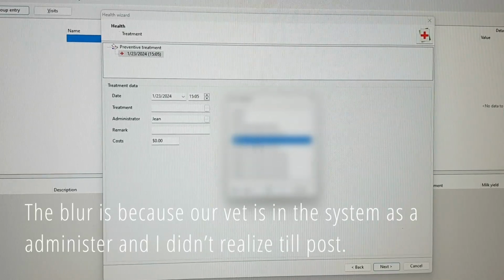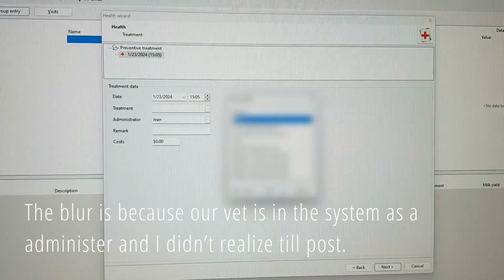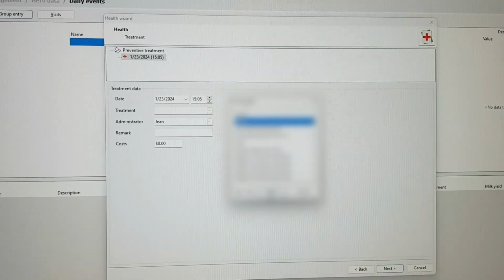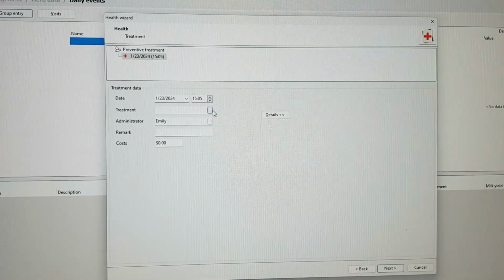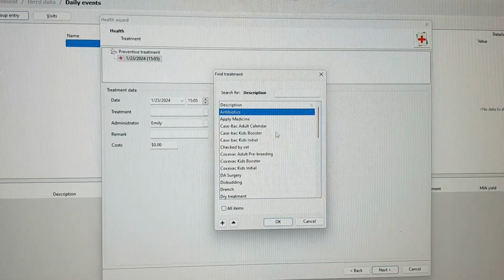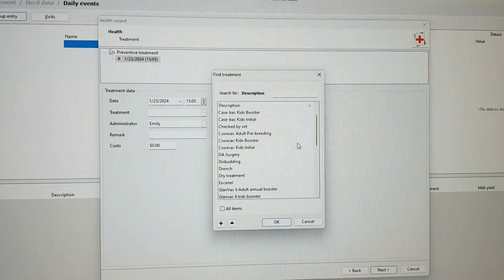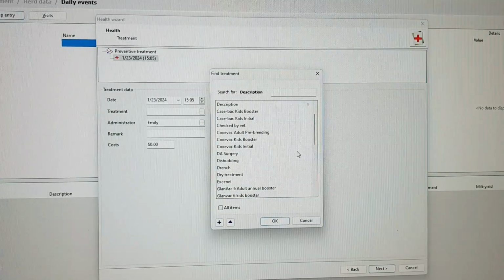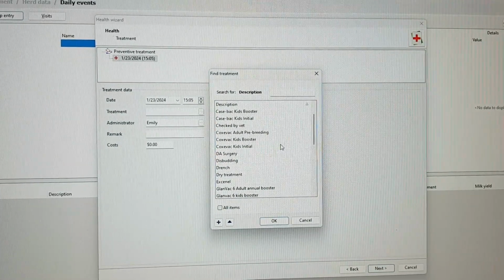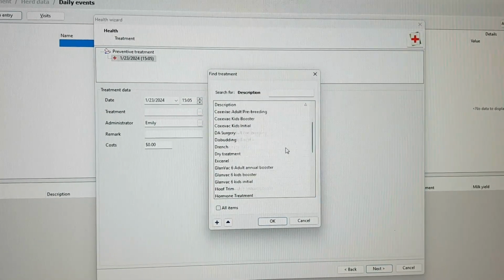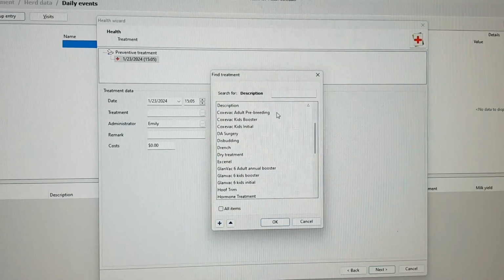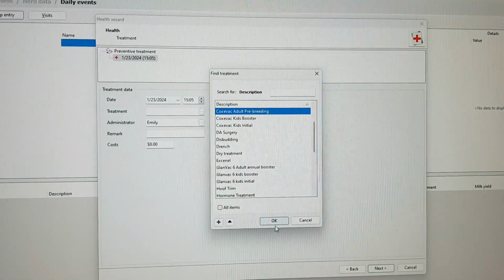Administer. Treatment. This one, I believe. Yeah, that's the one.